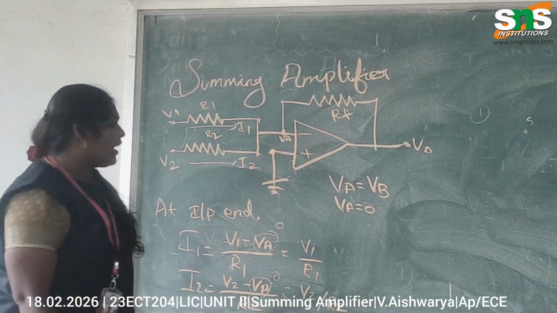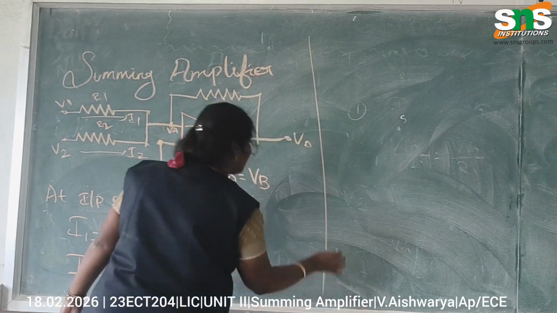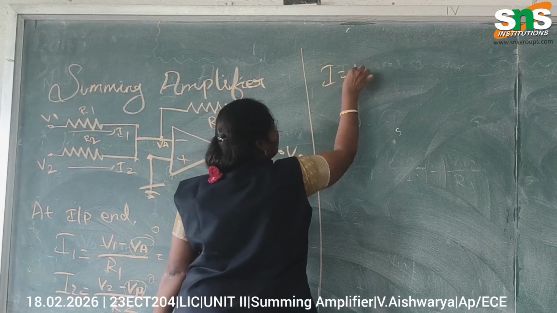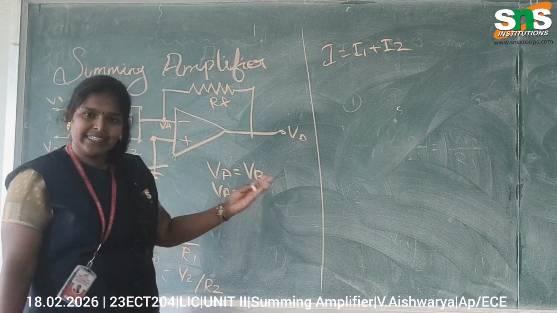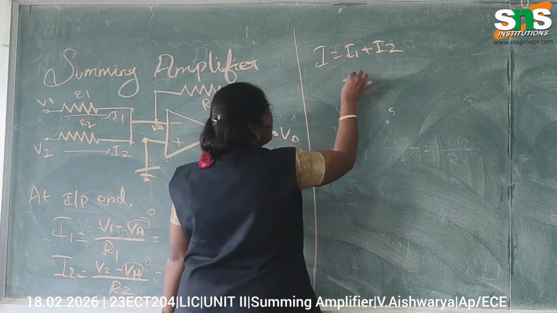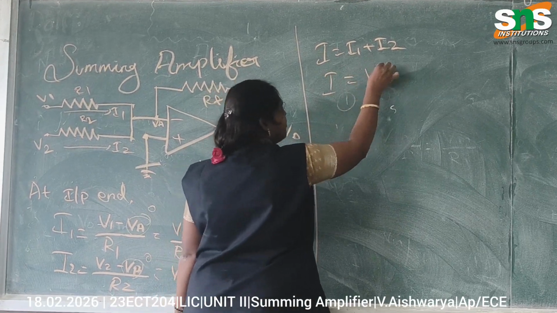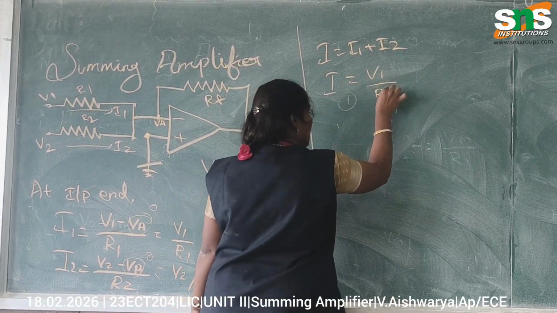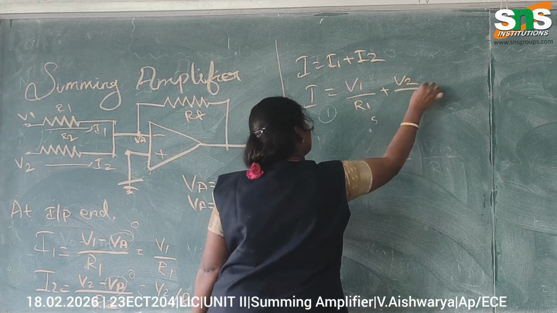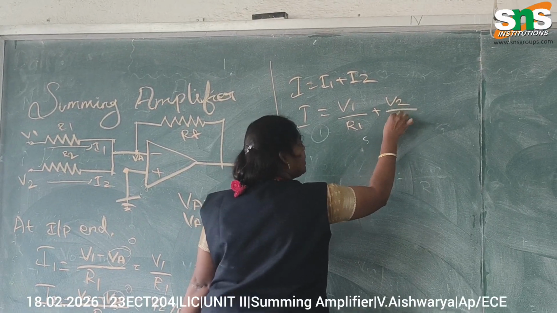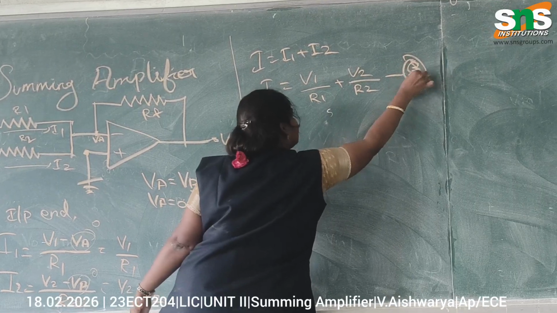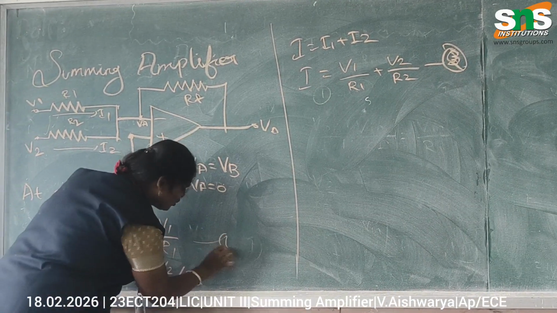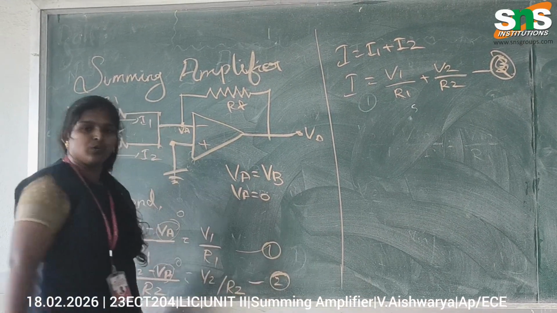Now we add these two values to find I. So I equals I1 plus I2, that is V1 by R1 plus V2 by R2. This is our equation 3, and this is equation 1, this is equation 2.